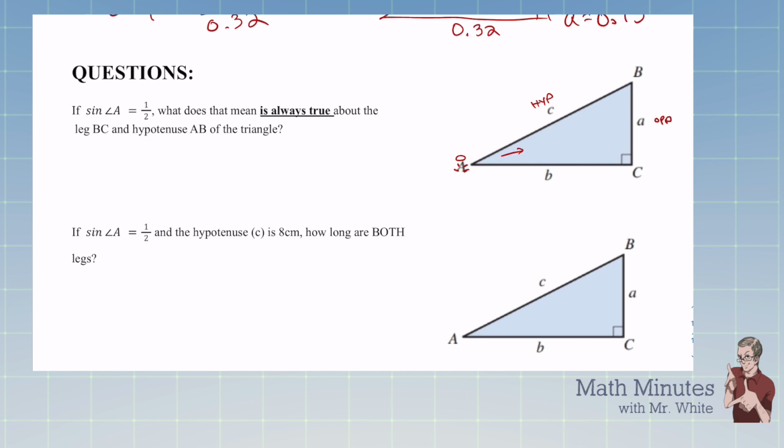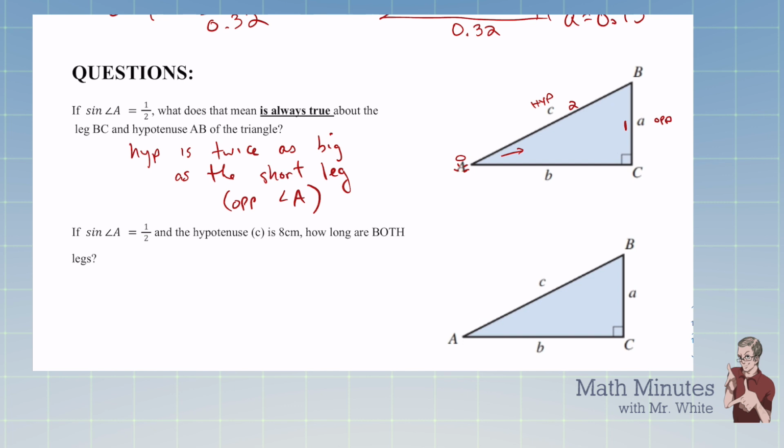So we have a 1 to 2 relationship between this leg and the hypotenuse. So what is always true? The hypotenuse is twice as big as the short leg, the leg that's opposite that angle, or opposite angle A. So side A is always half as big as the hypotenuse, or you could say the hypotenuse is twice as big as the short leg.